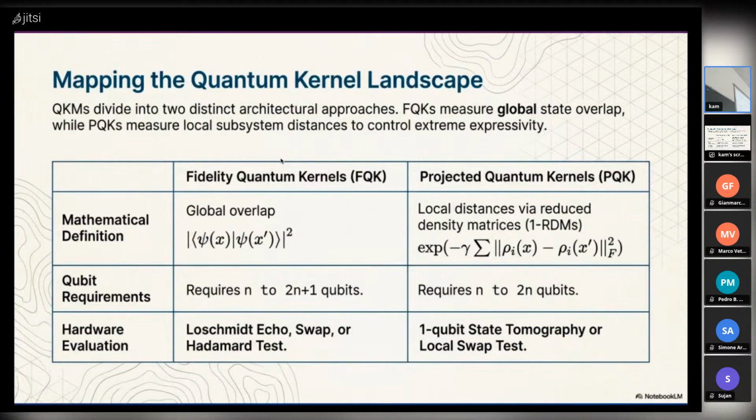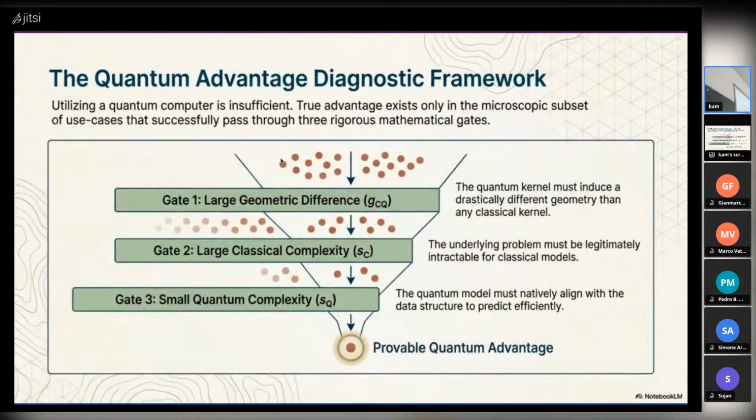Okay, I move a little bit forward. If you want quantum advantage, you need to conquer some difficulty. Your quantum kernel must induce a very different geometry than the classical kernel, otherwise you will see later that it can be dequantized.